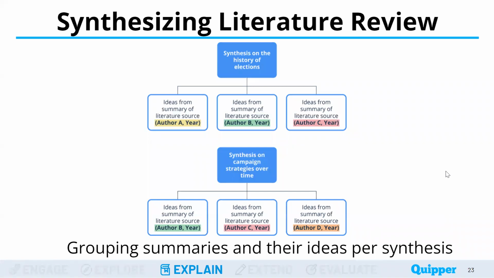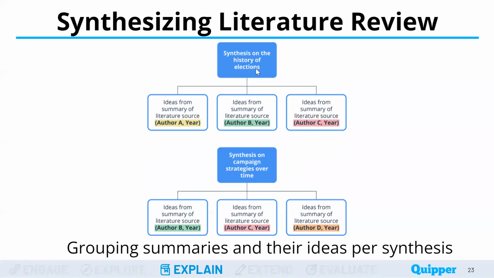Synthesis on the history of election, ideas of summary of literature source: author A, yung year, summary. Ayan, meron tayong tatlong author, A hanggang C. Kapag campaign naman, meron din tayo, author B to author D. So dapat ginugroup natin sila depende dun sa kung ano yung gusto nating category or groupings.